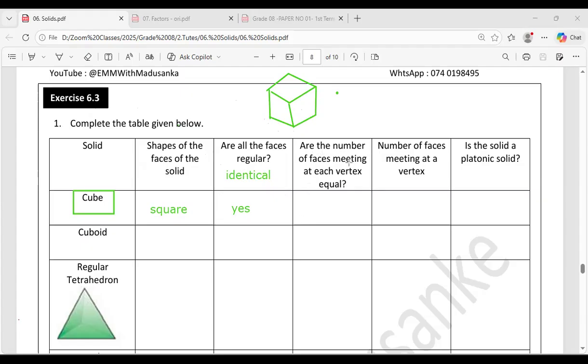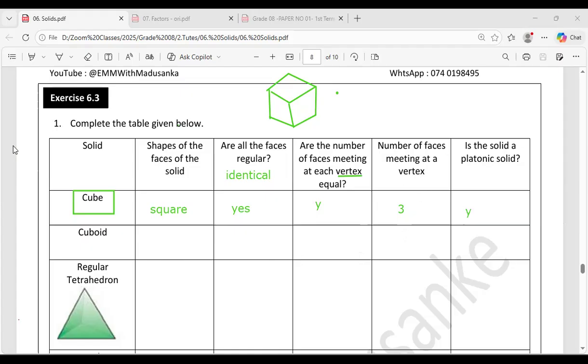Are the number of faces meeting at each and every vertex equal? Yes. 1, 2, 3, right? It is 3. Number of faces meeting at a vertex? 3. Is this solid a platonic solid? Yes or no? Yes, super. Right.